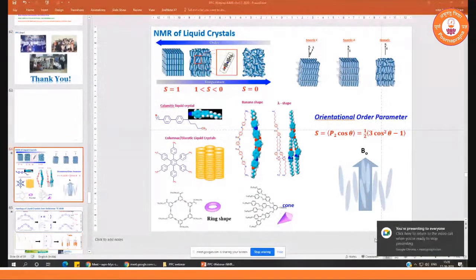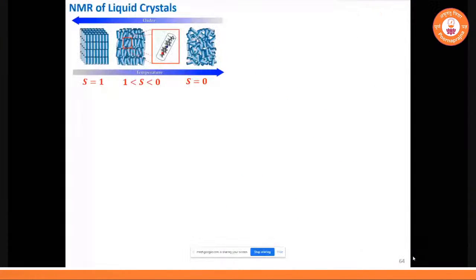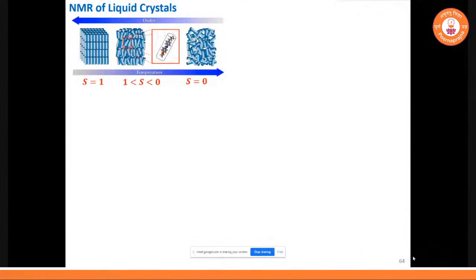So you can see my slides? Yes, we can see. Okay, so we know liquid crystal is a mesostate. That means it lies between highly ordered solids and liquids. So it possesses short range order, not long range order like solids, but it also possesses solution-like flow characteristics.